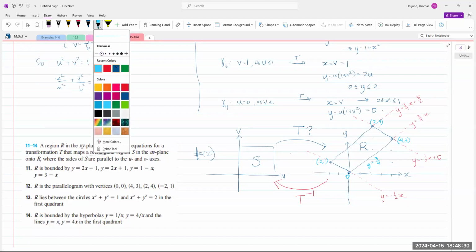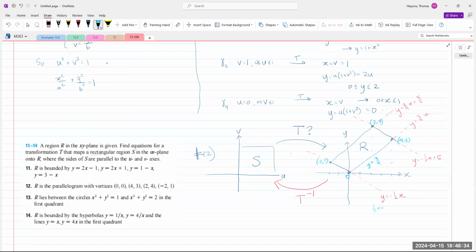Let's see. I will call this 1/2 x plus y equals 0. This is 1/2 x plus y equals 5. And this line here is 3 over 4 x minus y equals 0. This is 3 over 4 x minus y equals 5/2.